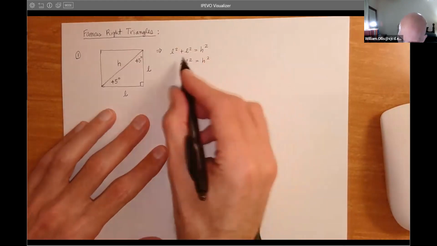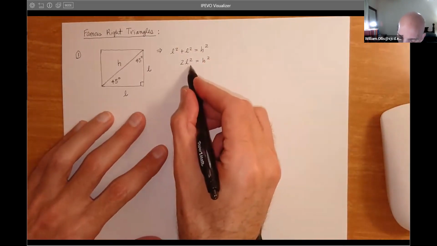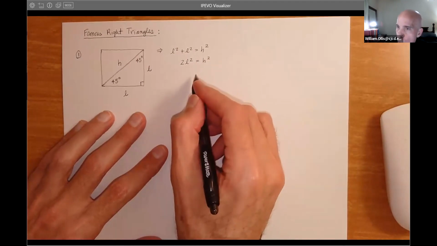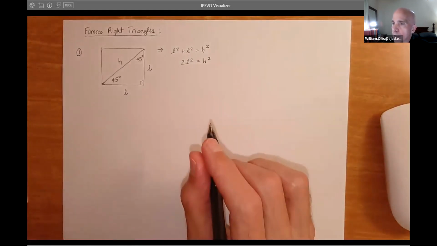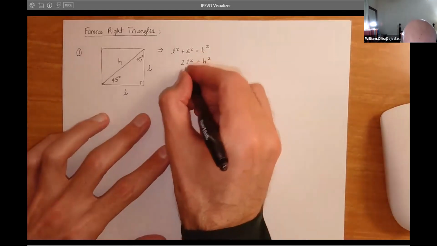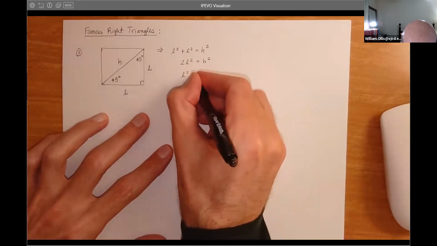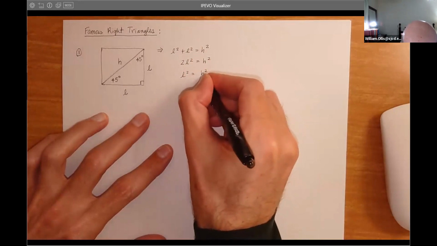So now, again, when we look at this, we're thinking square root property. But again, we're only interested in the non-negative answer here. So L squared will be H squared over 2.